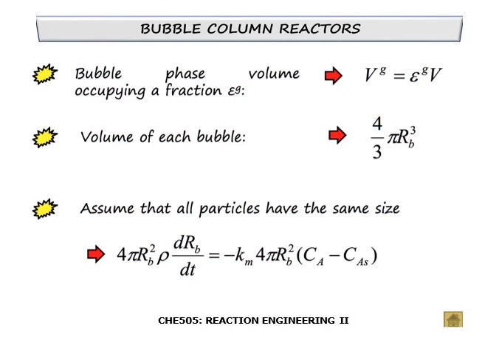And then the volume of each bubble follows the sphere theory, and assume that all particles have the same size. So this is the mass transfer rate with concentration gradient, which is the same as in the previous slide also. A times density and then dz over dt, something like that. Okay, so you can use this equation.